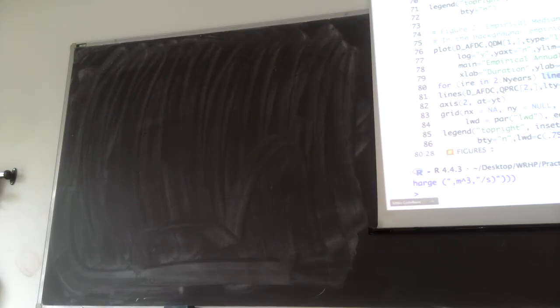Lines is a way to add lines to an existing plot, the current plot, the one we just opened. We will use this plot with this axis and this setting to add additional series. Okay? How? With the for loop. If you look at the for loop, it goes from 2, because the first row we already used, all the way down to the number of years of observation in the record.